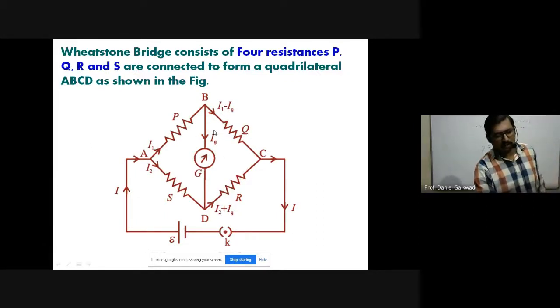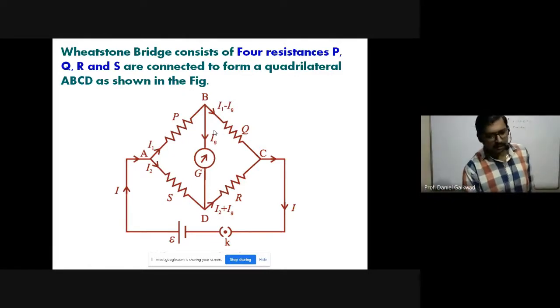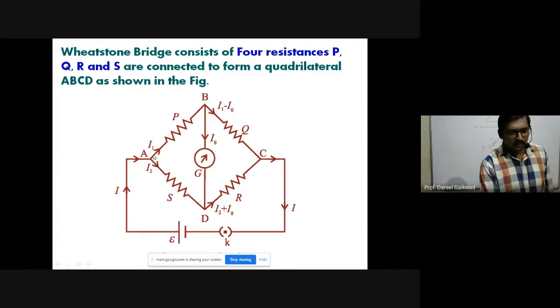Already we have drawn the diagram, which is shown here in the presentation. Once again, we have the circuit diagram of the Wheatstone bridge. Again, we have points A, B, C, D and resistances P, Q, R and S. This will be the circuit diagram.